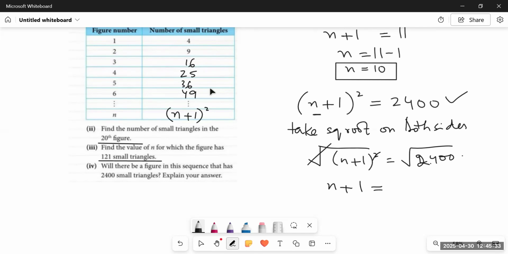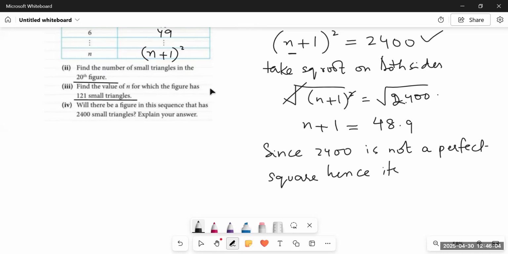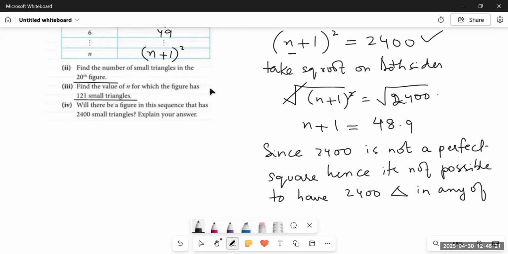Square root of 2,400 is 48.9. So instead of solving it forward, we will simply write: since 2,400 is not a perfect square, hence it's not possible to have 2,400 triangles in any of these figures.